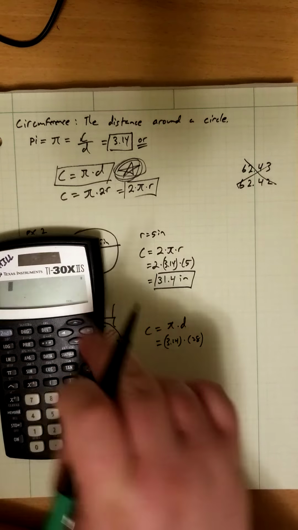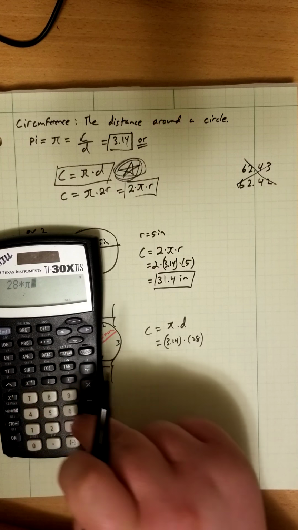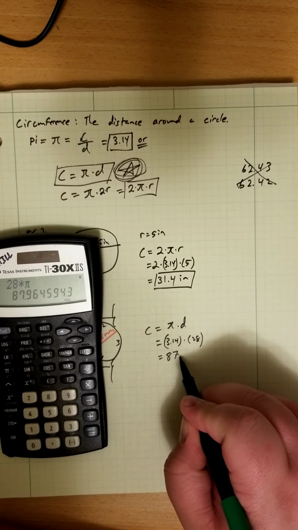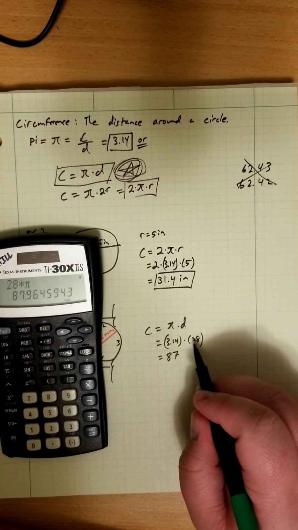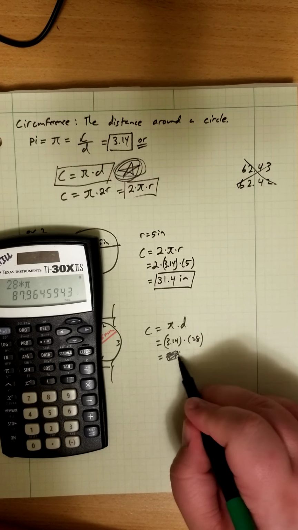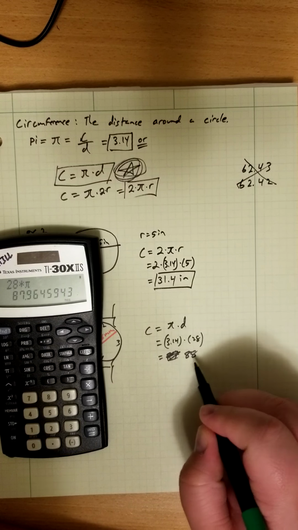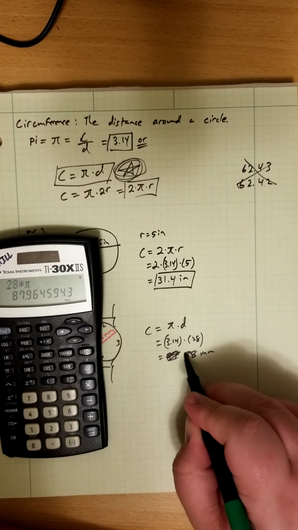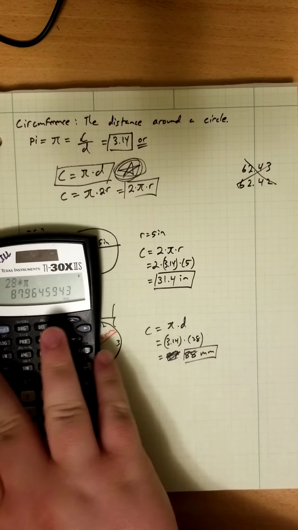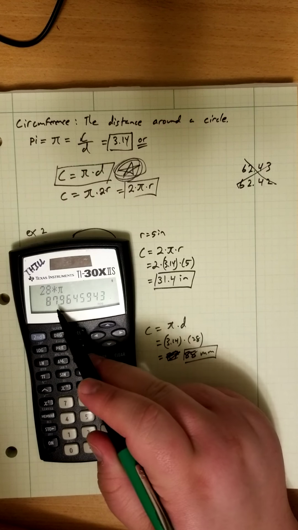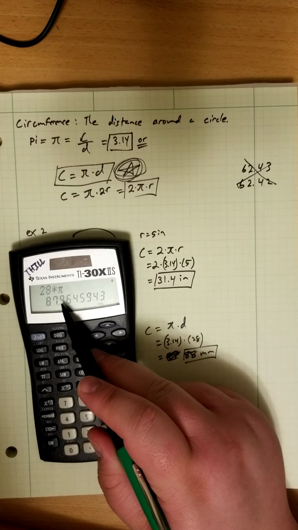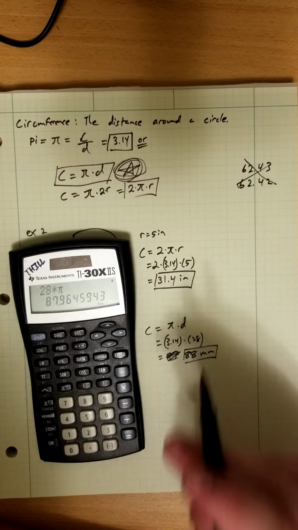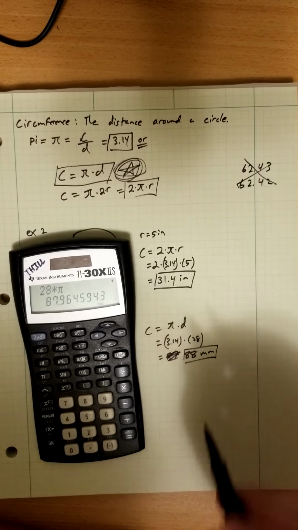And we get 28 times pi, 87.9. Okay, so it actually worked just to do 88 millimeters. I did 88 because the 6 would make the 9 go up, which carries over, so it would be 88 millimeters.